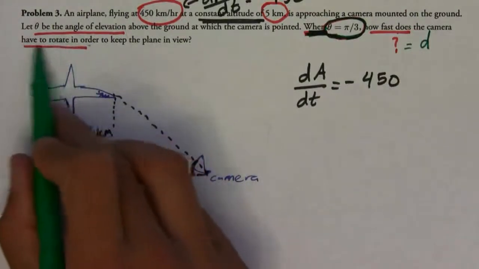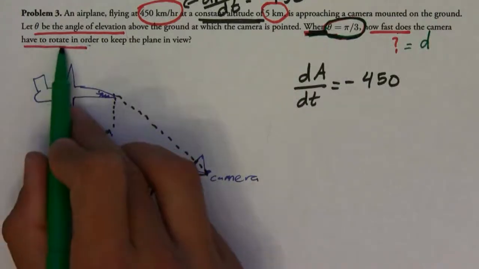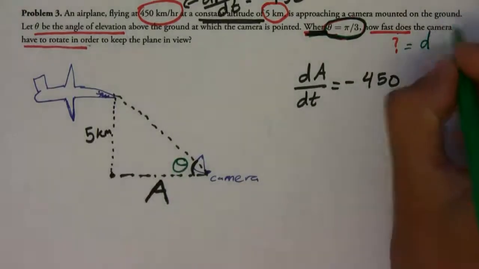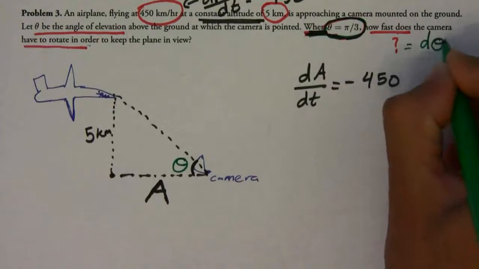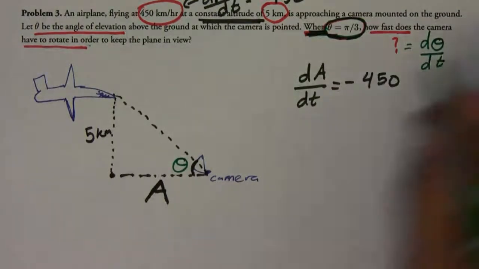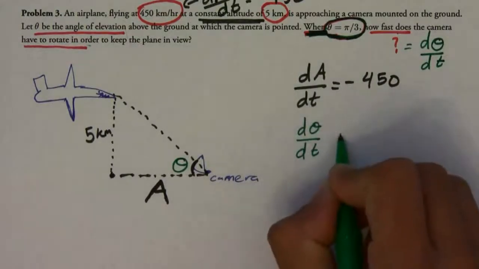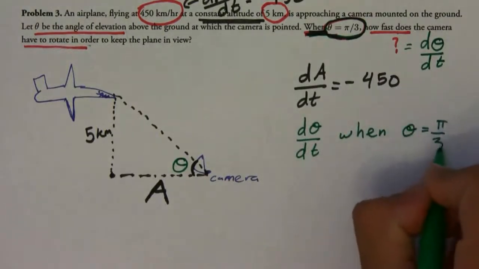So you ask yourself, what measures how something rotates? Well, that's the angle, right? So that means that what we're looking for is how fast the angle is changing with respect to time. Okay, so what we're looking for is d theta over dt when theta equals pi over 3.